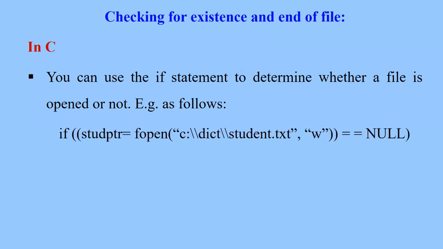For example, if stud pointer equals fopen, followed by the file name and the mode, which is W. If the file open is equal to null, then display the following: file could not be opened, meaning that this statement is checking for the existence of the file.